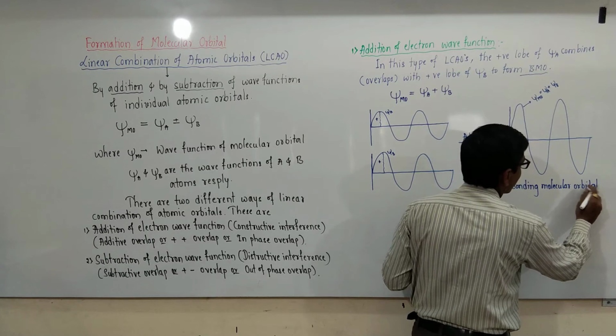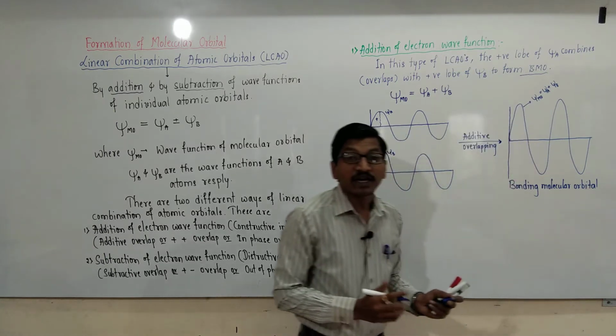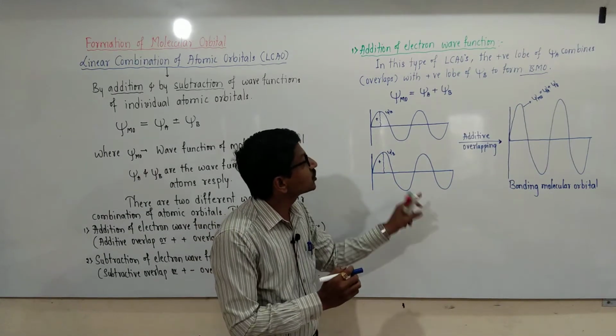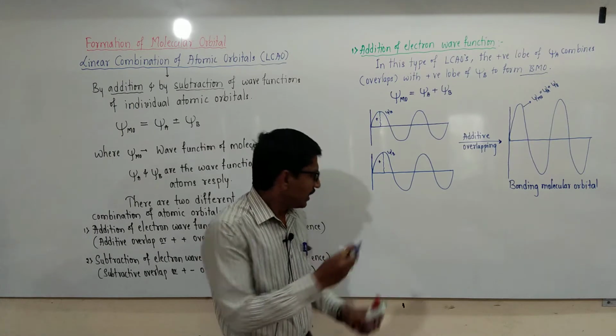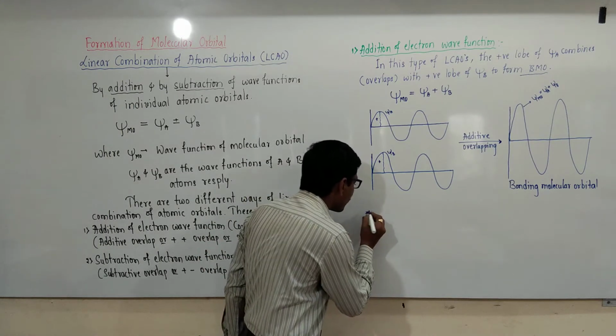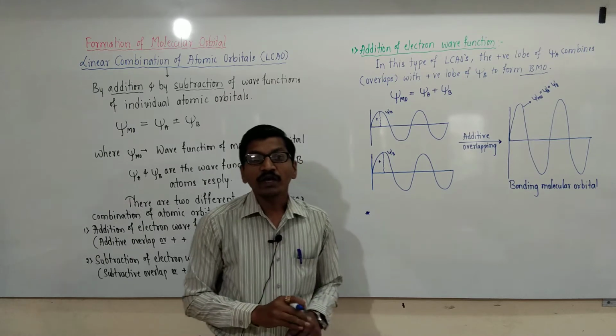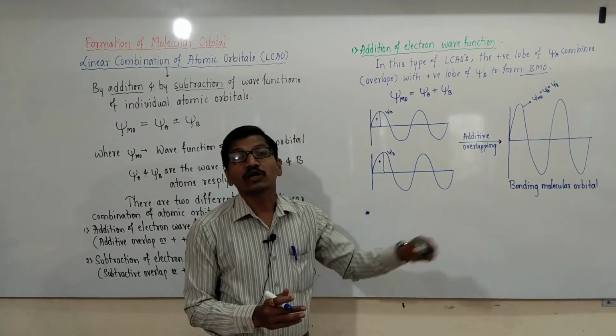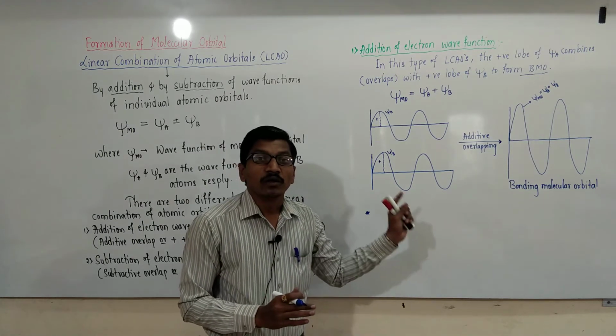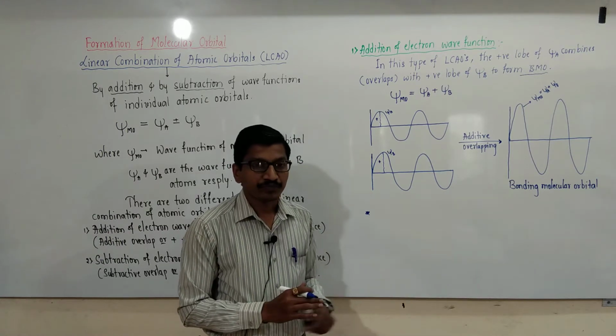Bonding molecular orbital is formed by constructive interference or addition of wave functions. In this case, there are three important points in the addition of electron wave functions or additive overlapping.